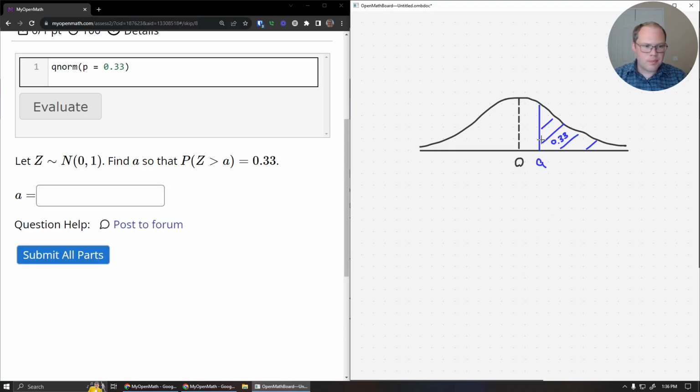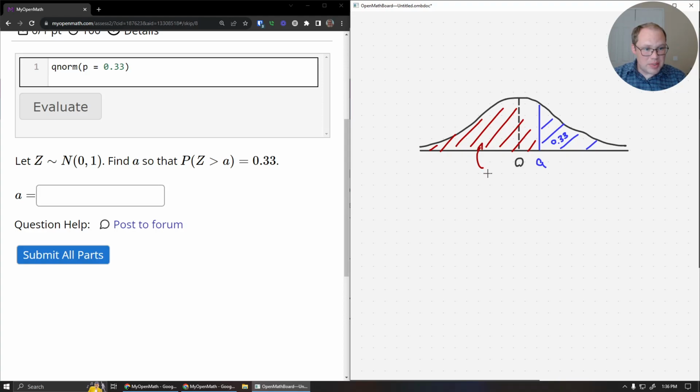So what do I do? Well, because this is expecting a probability to the left of the Z value, that's what I need to give it. If this probability right here is 0.33, then what does this probability need to be? Well, together they need to be 1, right?